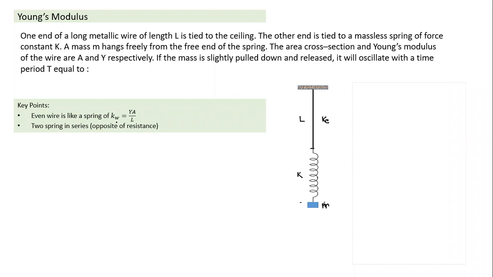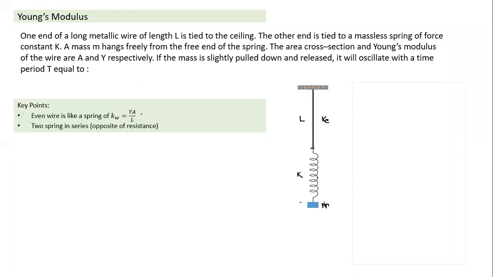The spring constant of the wire, Kw, equals Y A divided by L. Once I treat this as a spring, now these are two springs connected in series, and series connection of springs behaves opposite to resistance. So what formula will apply here? We'll apply a parallel resistance kind of formula. We'll find the equivalent spring constant.